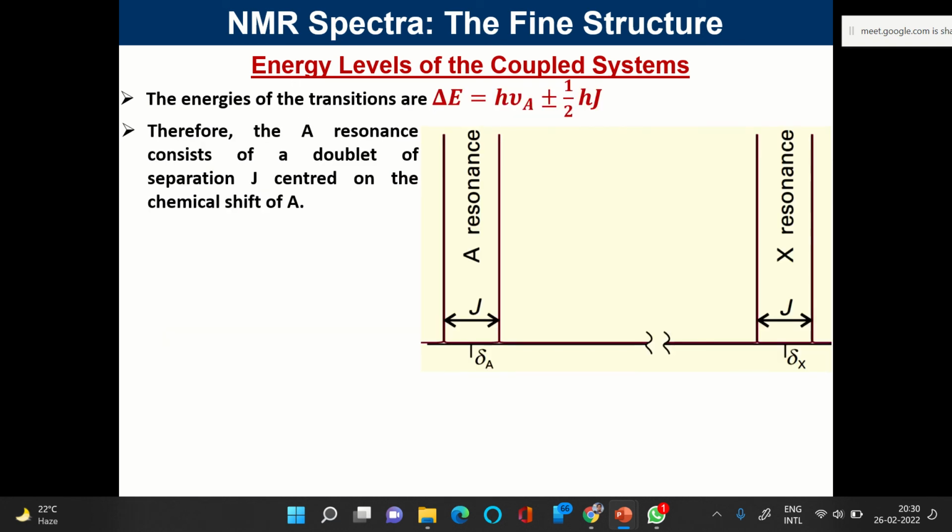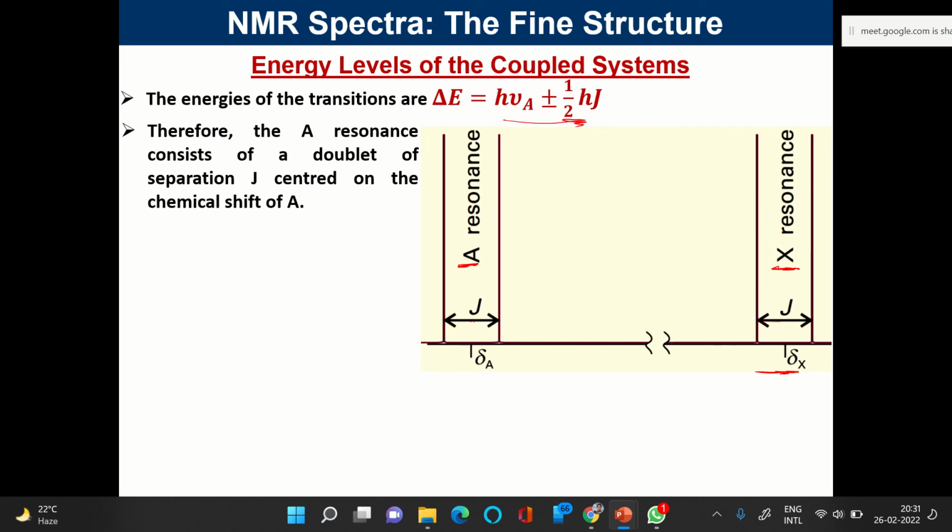So this is what we expect in terms of J. The separation would appear on a scale. So this is the idea that is being conveyed. If you are looking at the A resonance, the two lines will be separated by J. If you are looking at the X resonance, which appears at a very different chemical shift value, the two lines will be separated by this J.